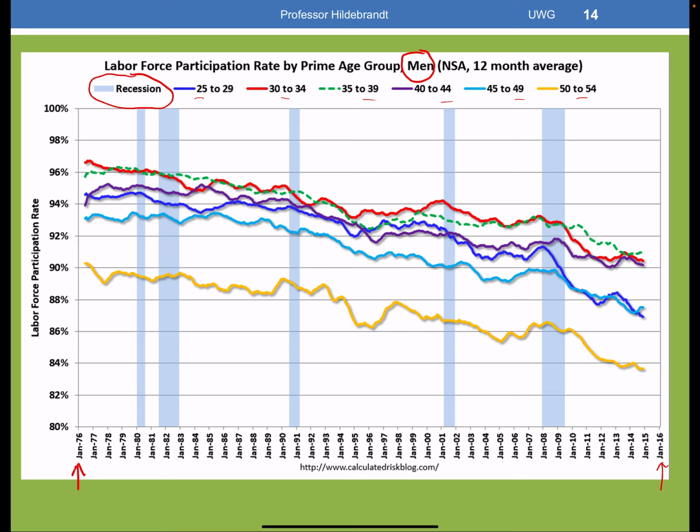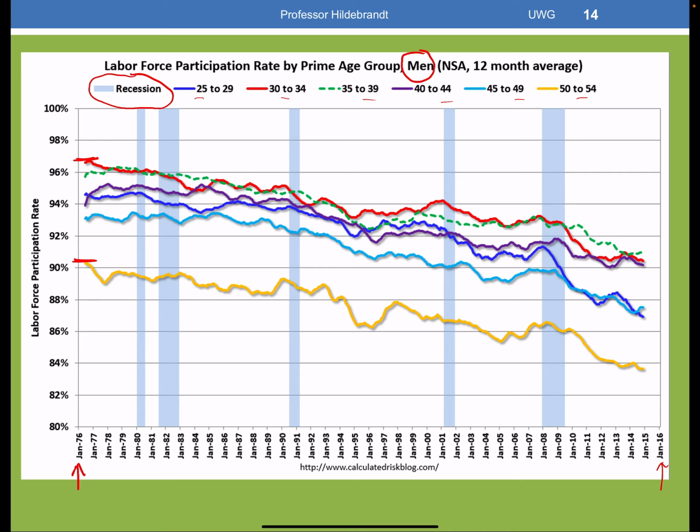When we started in 1976, the range of participation, depending on age group, was from about 91% all the way up to 97%. So almost all men who lived in the United States were part of the labor force, okay? Those are really high numbers.